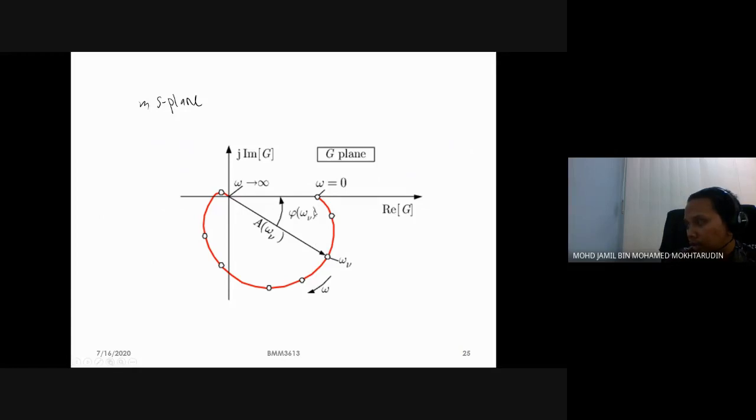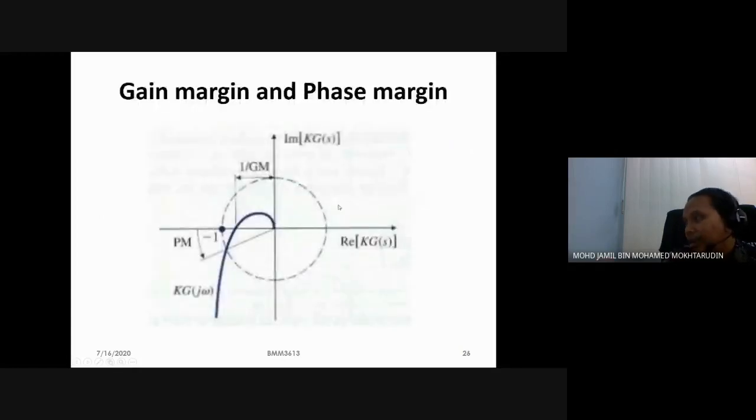Okay, so in Nyquist plot, it also has gain margin and phase margin. However, to determine gain margin and phase margin using Nyquist plot is very difficult to do manually. So usually people use MATLAB to determine phase margin and gain margin in Nyquist plot, because you need to calculate something which is beyond the syllabus.